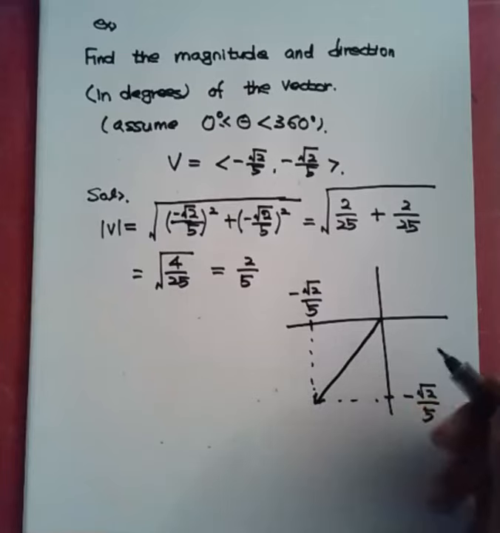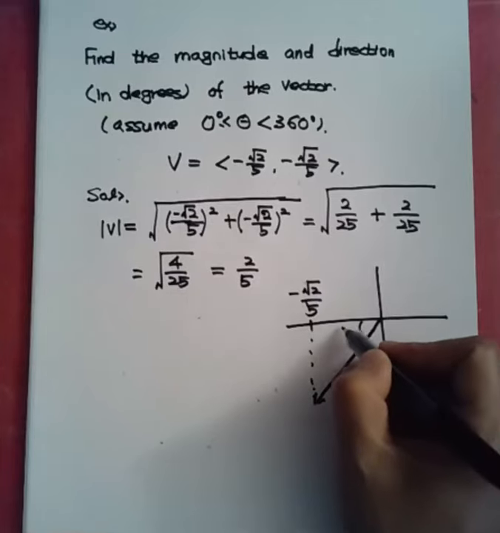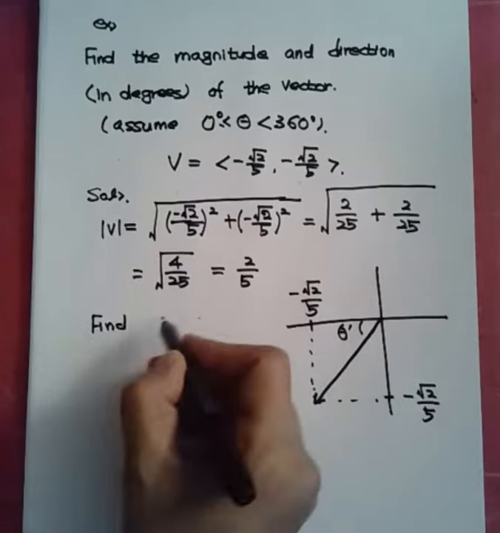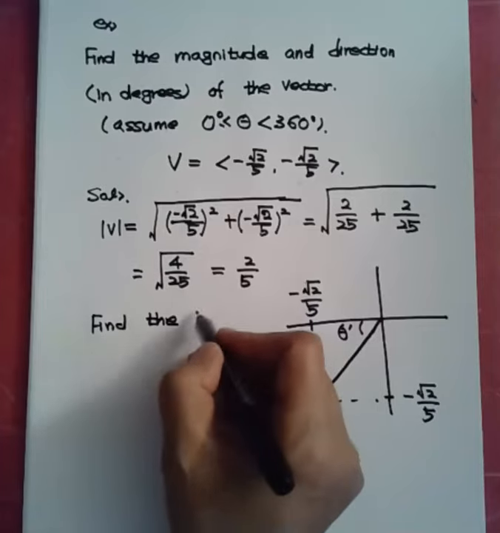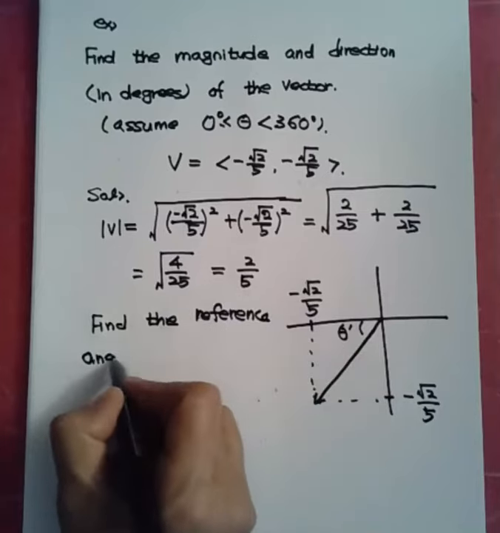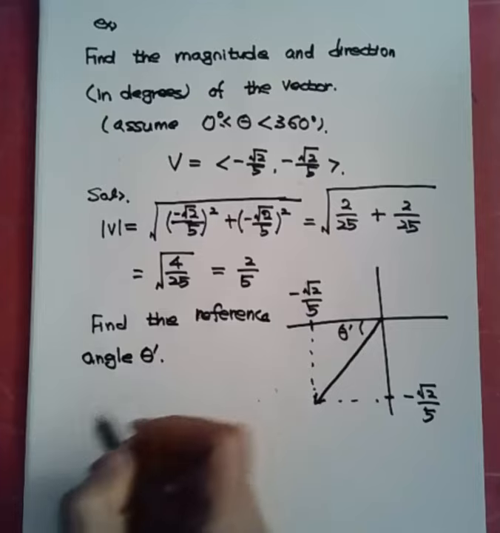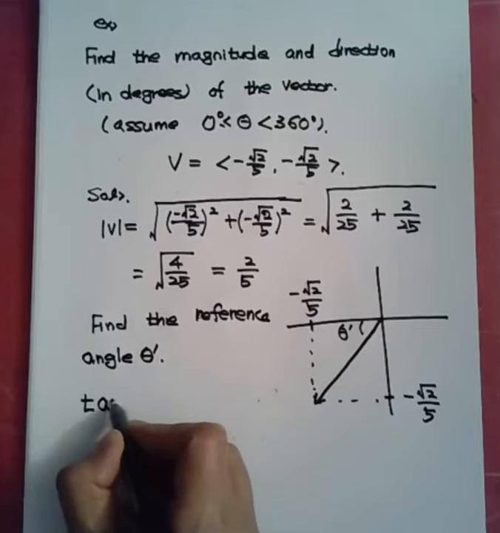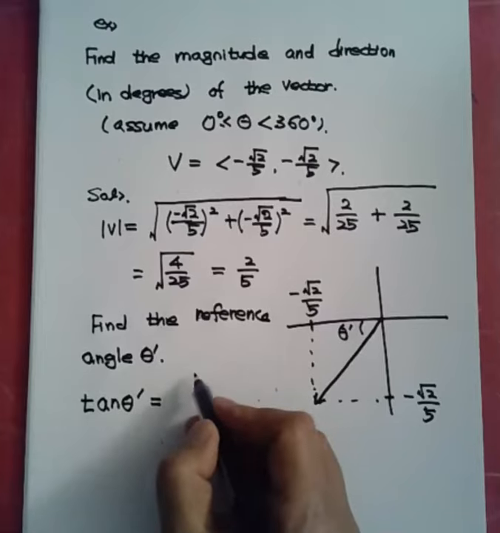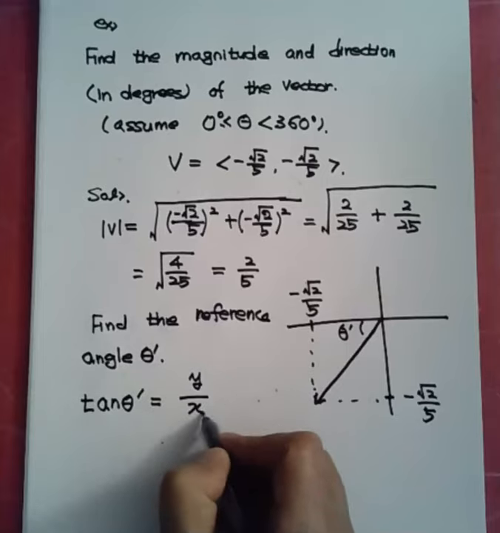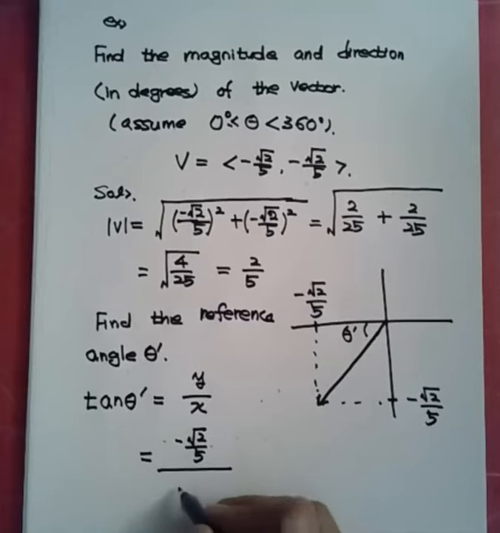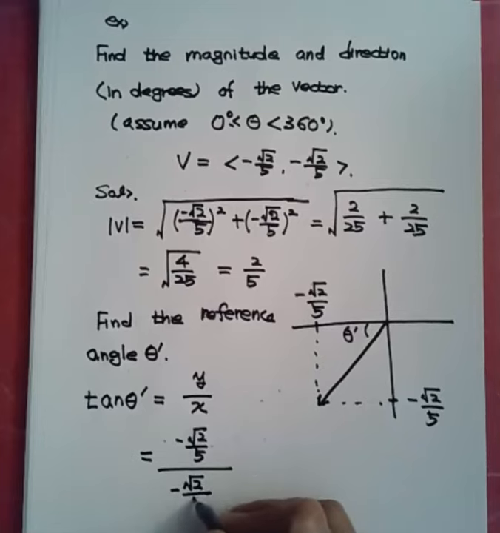The first thing we want to do is figure out the reference angle theta prime. We think about tangent of theta prime, then that was defined as y over x. Y is minus square root of 2 over 5, and x is also minus square root of 2 over 5.